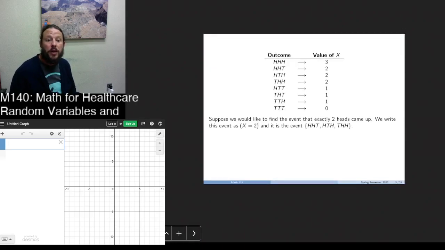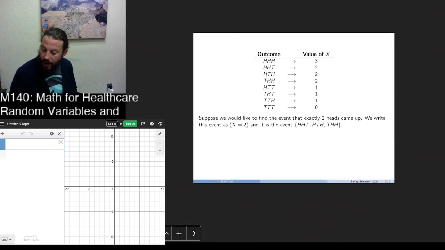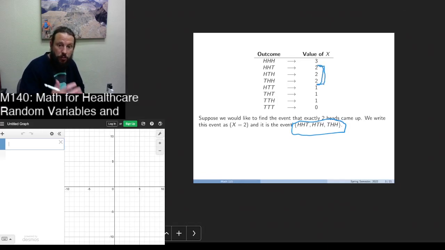All right, so here, notice when we say x equal to 2, that's an event. What event is that? That's this event. Remember, events are subsets of the sample space? That's the event x equal to 2, right? Because it's every outcome where x is 2. So they really are events.